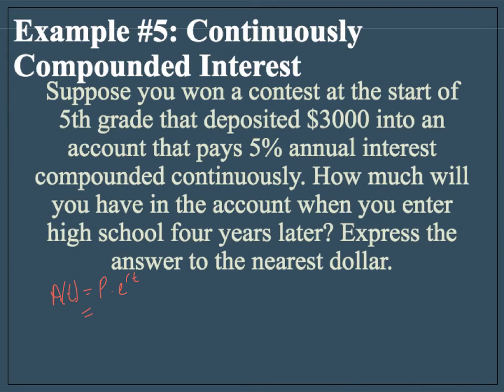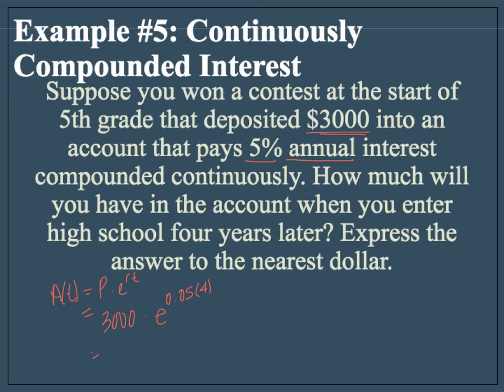P, which is the principal, is going to be the starting amount, which we found here as 3,000, times e. Remember, that's our irrational number, about 2.7182. r is the rate, and remember, it has to be the annual rate, which nicely they tell us it is, but you need to change that 5% to a decimal. We should know that as a decimal, 5% is 0.05, times the time. We know that it's 4 years.